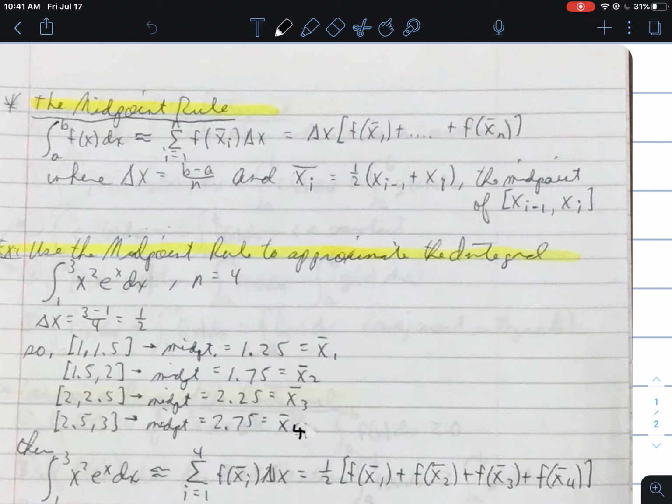So we're going to call this the midpoint rule, where we use the midpoint of each subinterval as our sample point. So I'm taking the integral from a to b of f of x dx being approximated by the sum as i goes from 1 to n of f of x sub i bar delta x, where x sub i bar represents the midpoint of your subinterval, right?